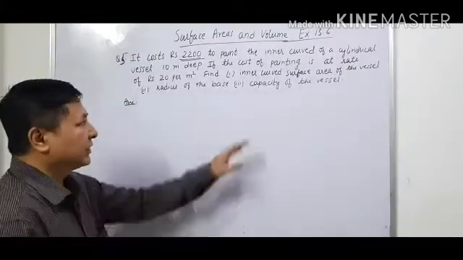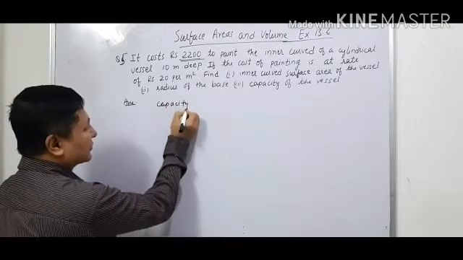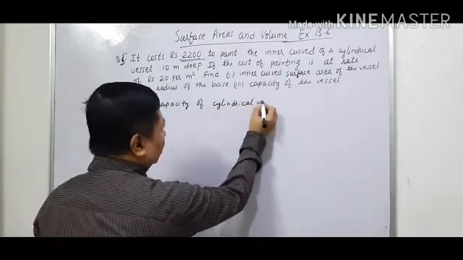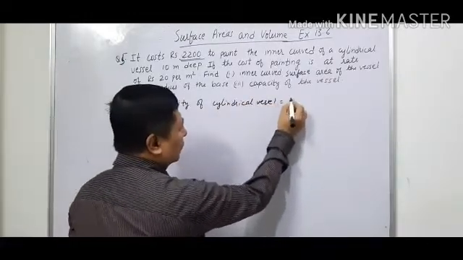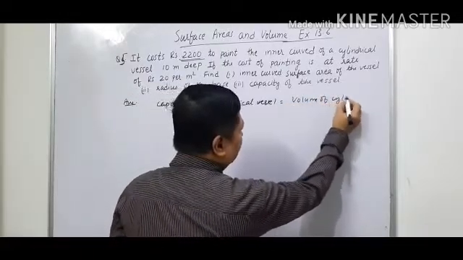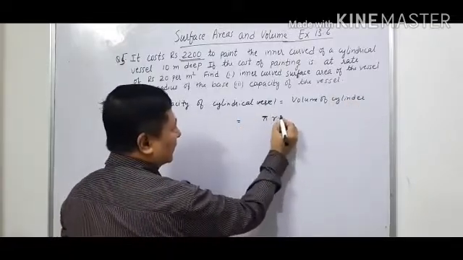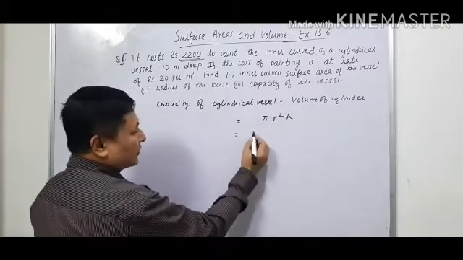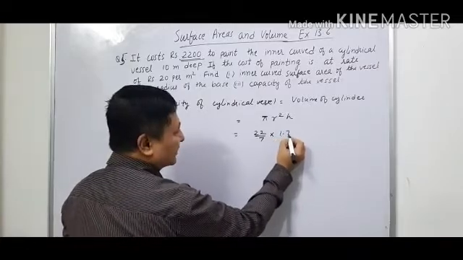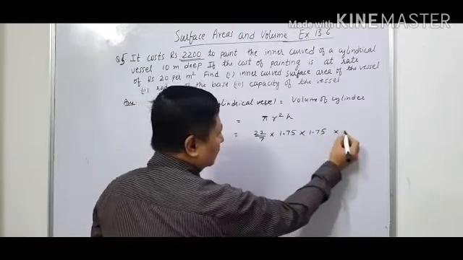Now let us calculate the capacity of the vessel. The capacity of the cylindrical vessel will be equal to the volume of the cylinder. We know the formula, pi r square h. Pi is 22 upon 7 and r is 1.75, so 1.75 into 1.75 into 10.